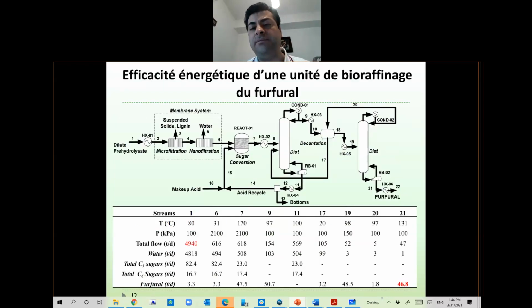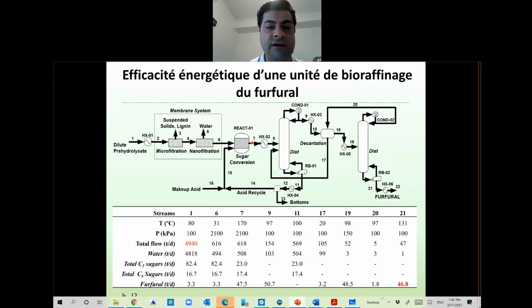Just an example here. This is a process flow sheet for a biorefinery process to produce furfural. Furfural is produced from one stream coming from the pre-hydrolysis step, and it goes through a couple of heat exchangers and filters to remove some undesired materials.